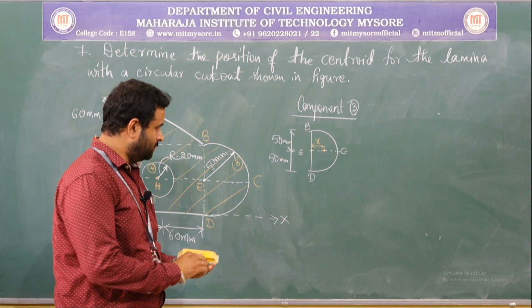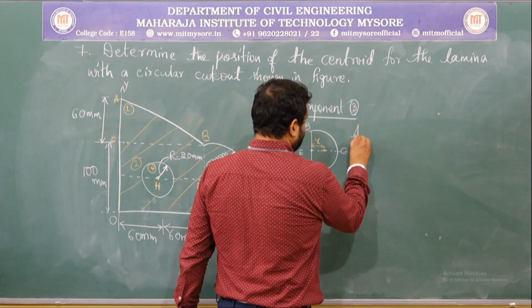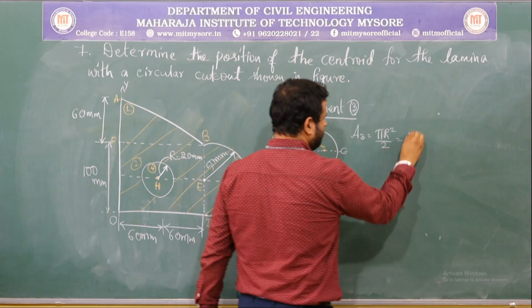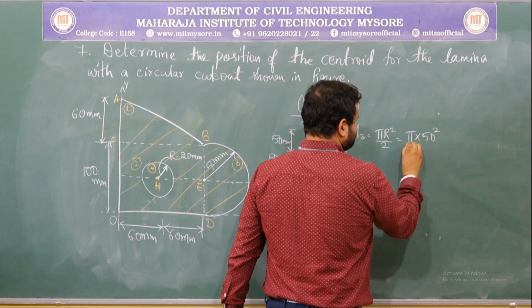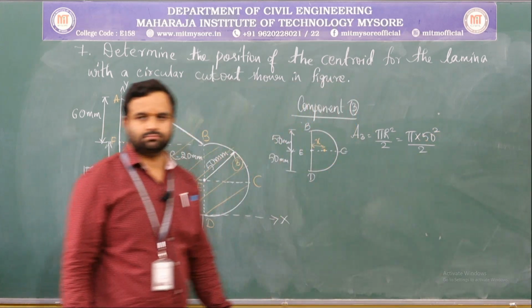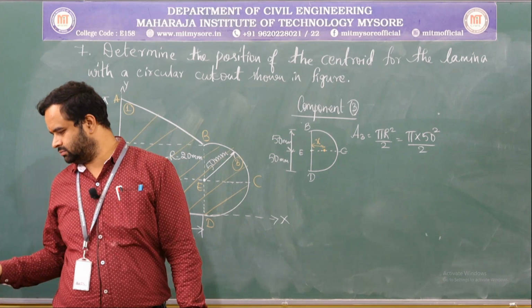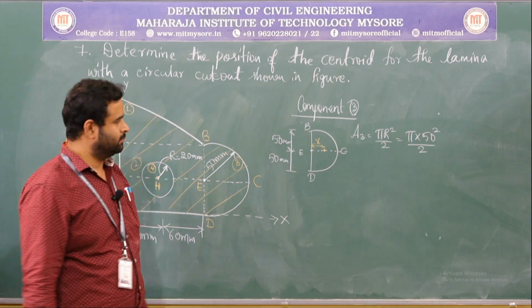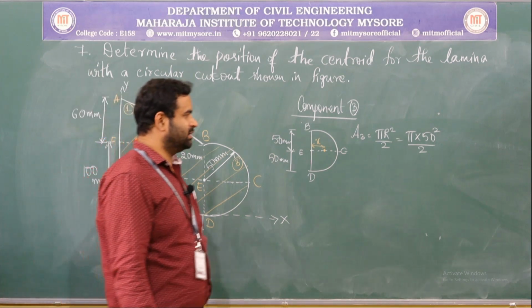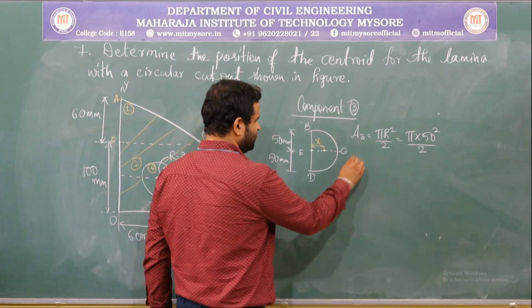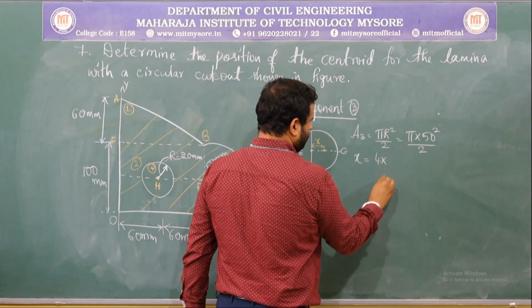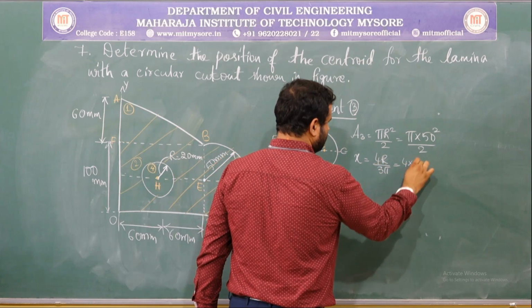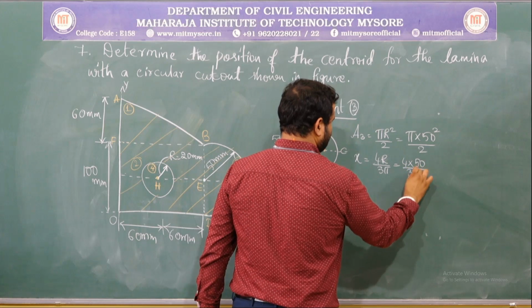Okay. Now, if I write the area, A3 is equal to pi r square by 2, which is pi into 50 square by 2. Okay. So, let it be as it is, we shall substitute at the end, and then the x value is nothing but 4 r by 3 pi, which is 4 into 50 by 3 pi.